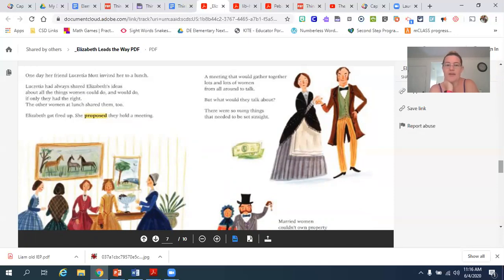A meeting would gather together lots and lots of women from all around to talk. But what would they talk about? There are so many things they needed to set straight. Married women couldn't own property or even the money they worked to earn. Elizabeth had learned long ago that only men could change laws because only men could vote.